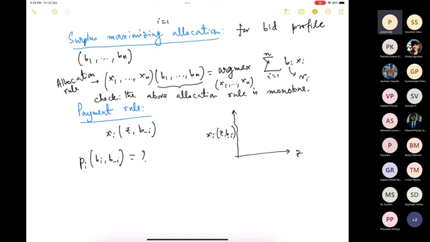By Myerson's lemma, there exists a unique payment rule which makes this entire mechanism dominant strategy incentive compatible. Now I am defining that payment rule. Now can someone help me with this function xi(z, b_-i)? How does this function look in the range 0 to bi?